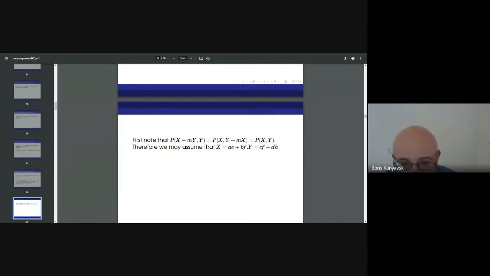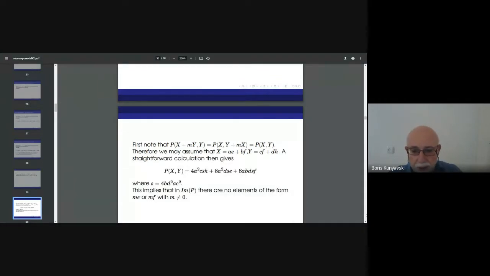First, we note that the value of our polynomial does not change if we modify the first or the second argument as shown here. This allows us to make one of the coefficients zero in the expressions for x and y, and then just substitute.